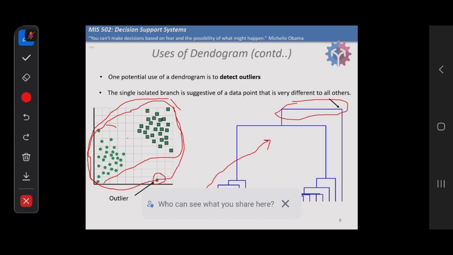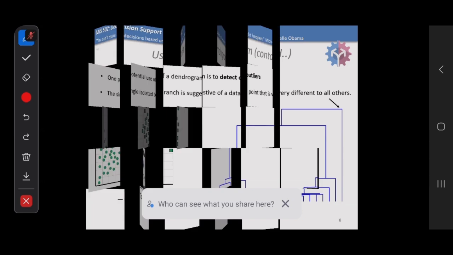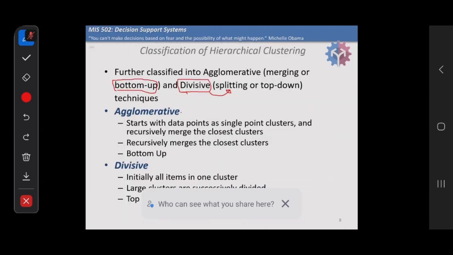And then you divide further. Rather than going upward, you keep dividing them from the top many times until you reach the bottom. That's exactly what I'm saying. So this is called divisive. When you're going from the top, you keep dividing them. This is called the divisive method.